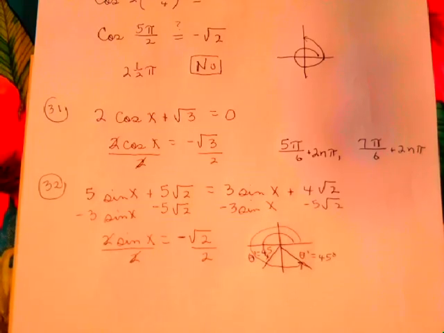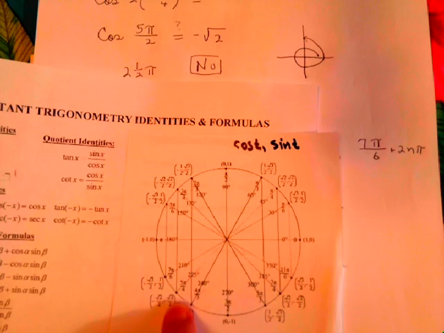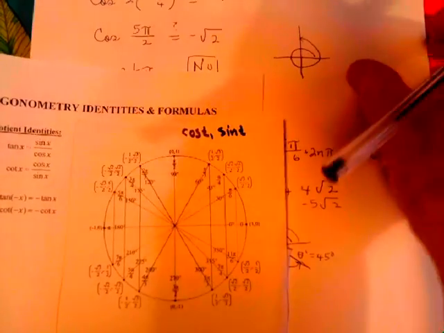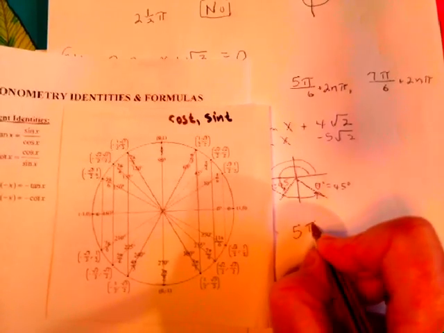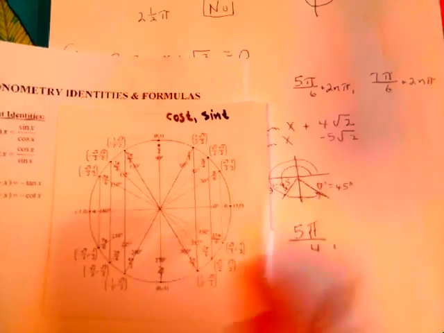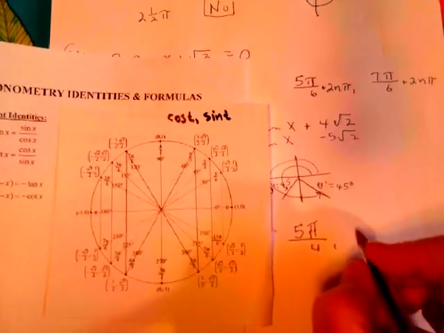Easiest way for you to find these is to look on your unit circle. At this point, sine is negative square root of 2 over 2. That is 5 pi over 4. The other place is 7 pi over 4.